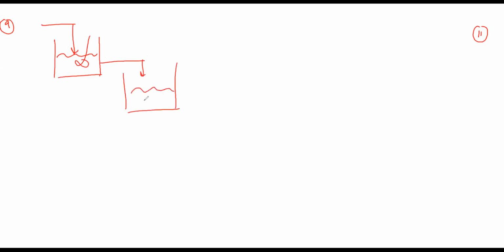I think this is page 11. This is problem number 9, and this is the scenario: I have two CSTRs, and the first goes to a second CSTR right here. You're told that CA note is 1.5 mole per liter.